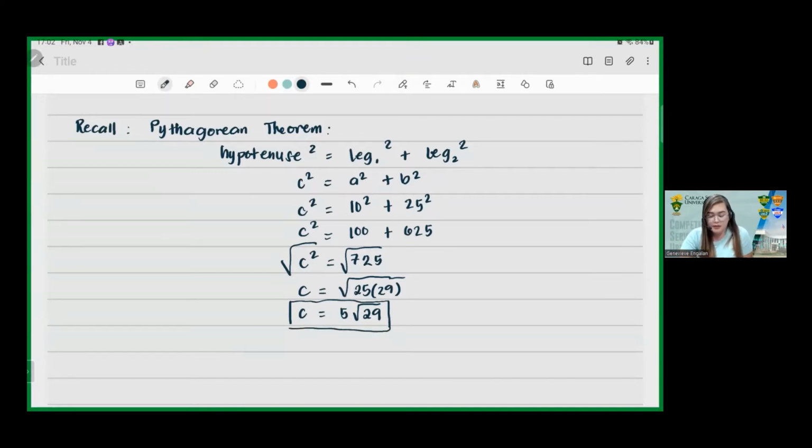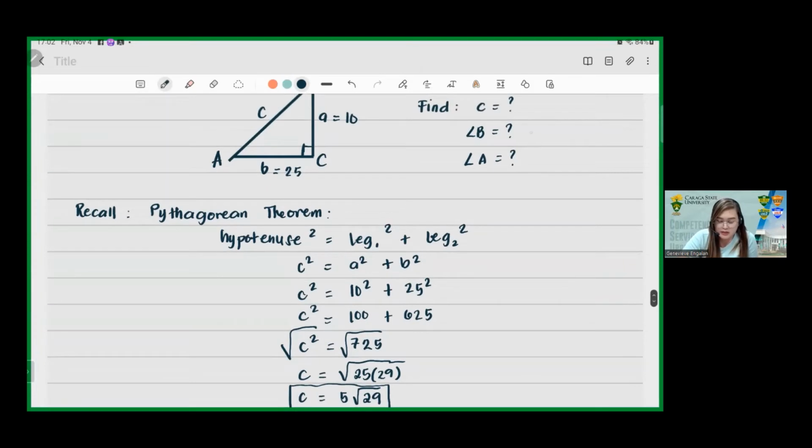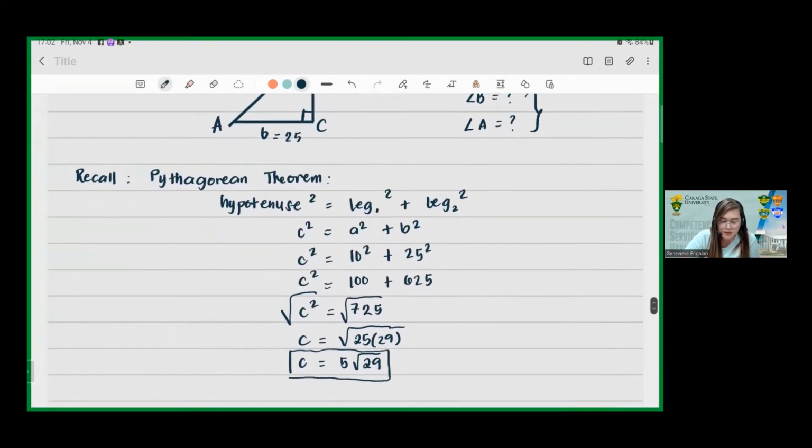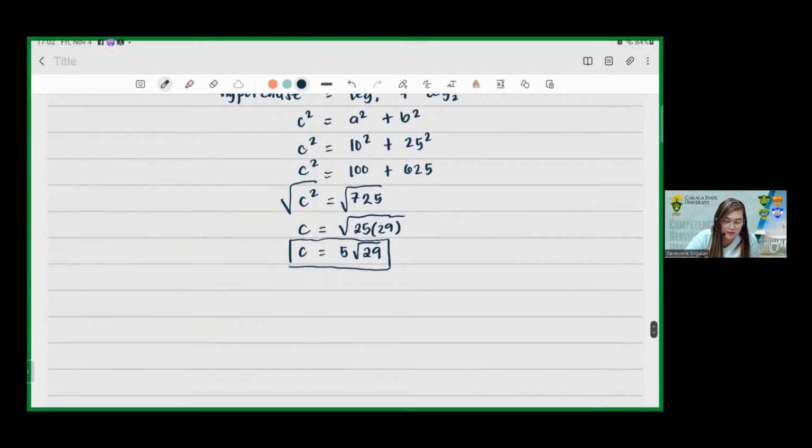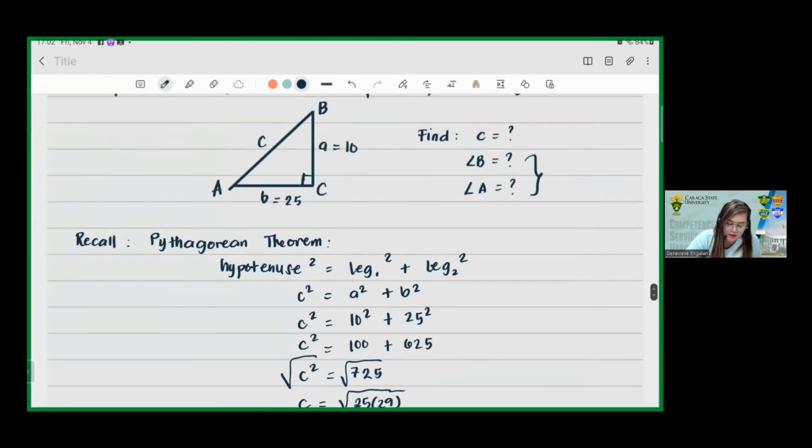Okay, what else can we use to find these two angles, A and B? We can use tangent. Tangent of A or B, either of them works. Okay, let's use A. What is the tangent of A? Opposite, the opposite of A is the small a, and the adjacent is 25, or b.